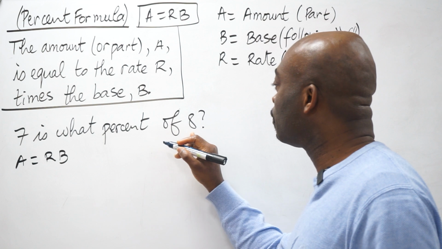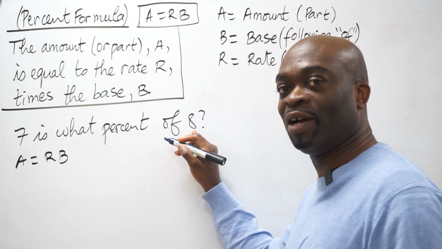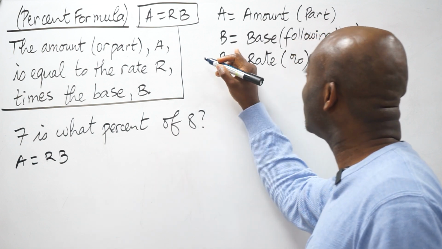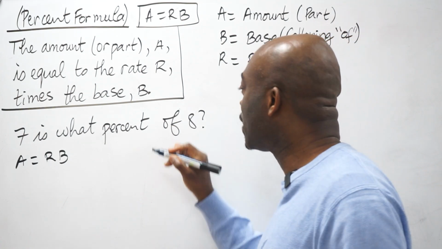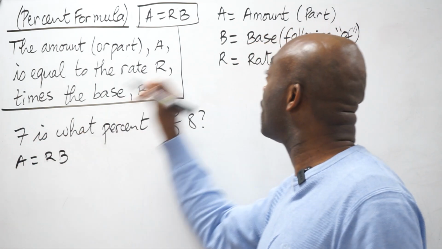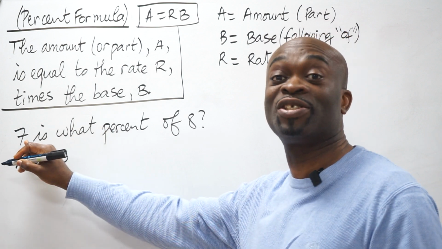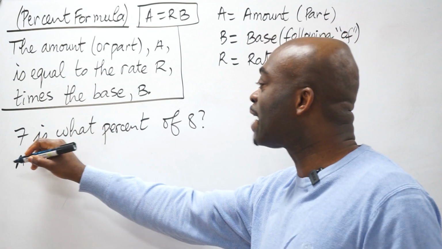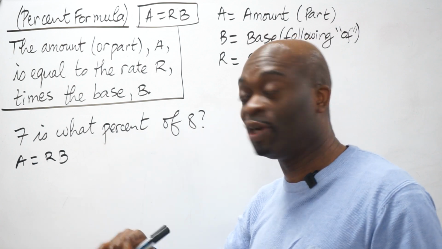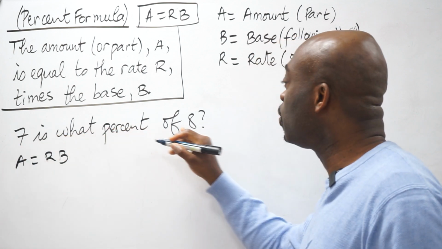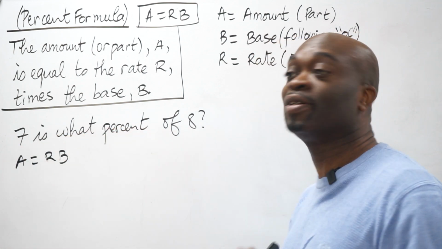The number that follows the "of" is 8, and the base is always the number that follows the "of." So we know the base. And automatically we know the amount, which is 7. We don't have the percent, that's what we're looking for. We know A, which is 7, and the base, which is 8.